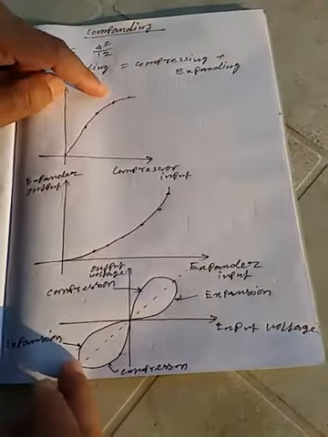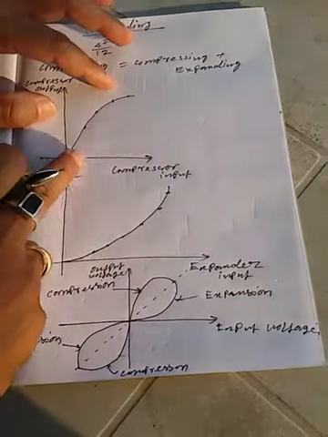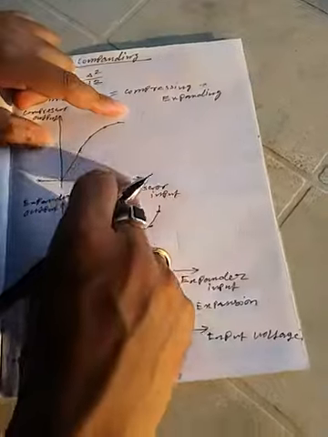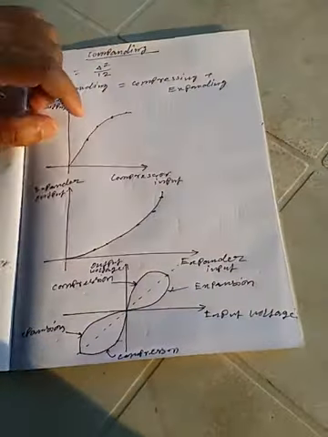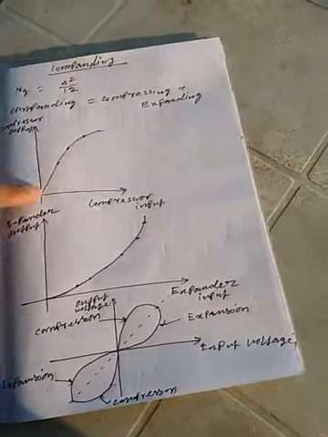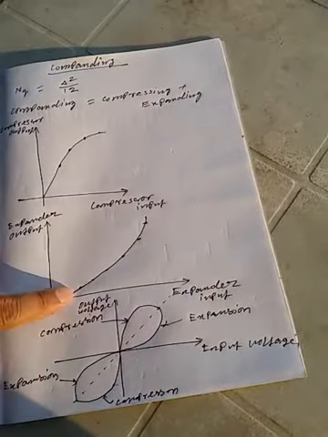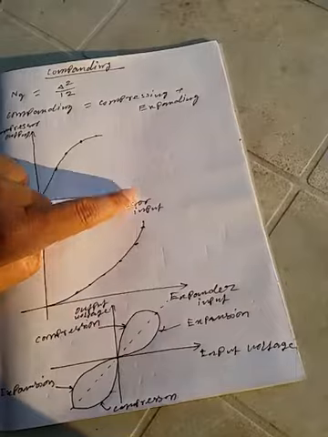As you see from here, for the positive x-axis, the compressor characteristics will look like this, but the expander characteristics will look in the downward direction.